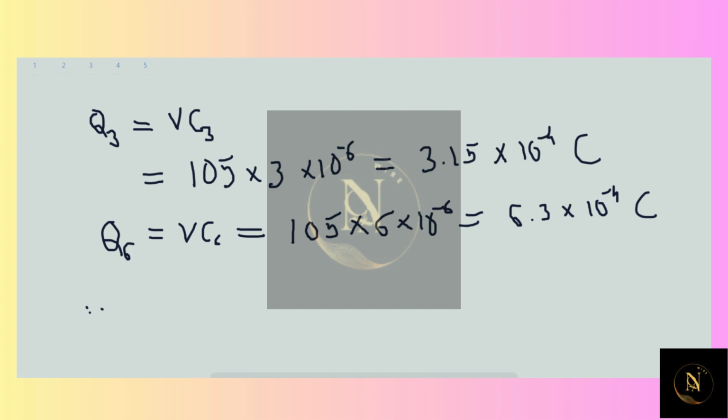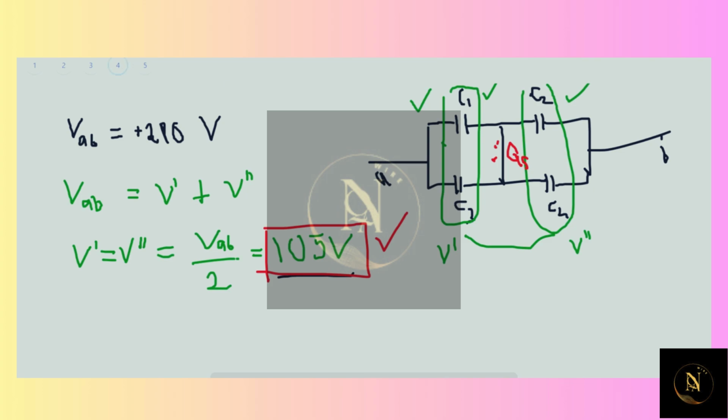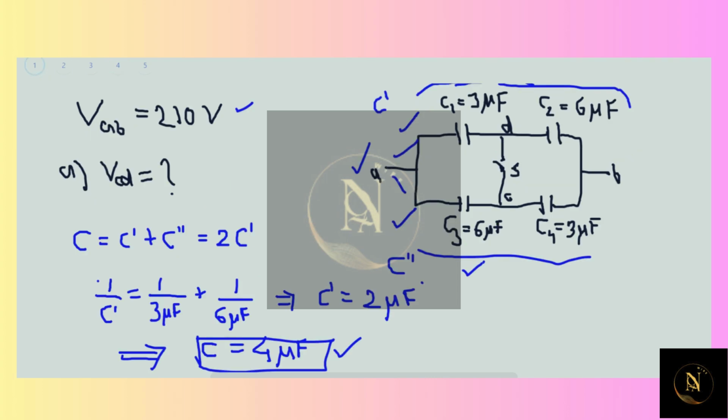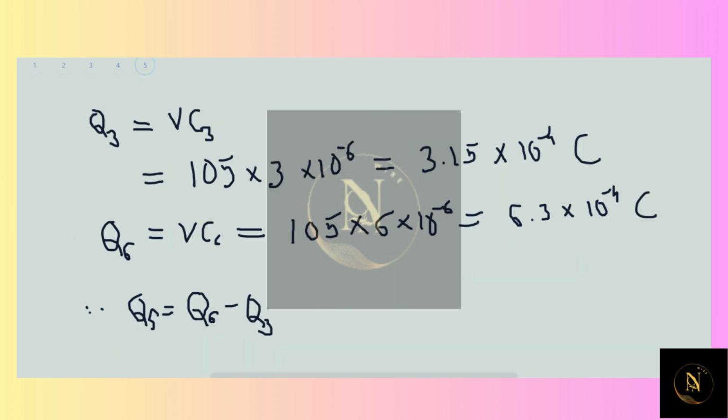And since the charge through the switch is just the difference of the charge across the 6 microfarad and 3 microfarad capacitors, from this diagram, as you can see very clearly, if you take the difference between the charge across C1 and C2, you'll get the charge across this part of the circuit.